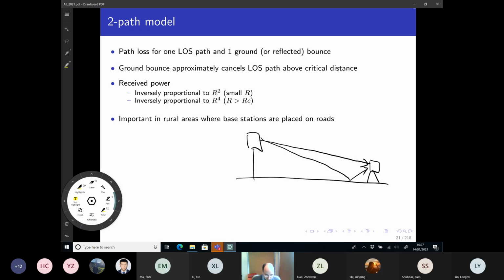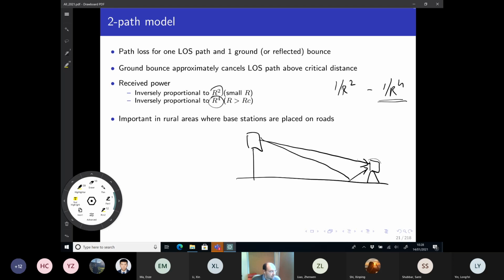What you can show is that because of these bounces on the ground, you're going to have interaction between those two paths, and this would lead to received power that will scale between 1 over r squared and 1 over r to the 4th. It really depends on how much this one interacts with this one. If they interact really destructively, you may have something that scales as 1 over r to the 4th.